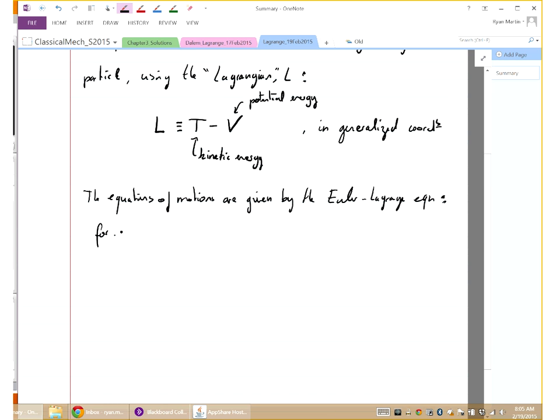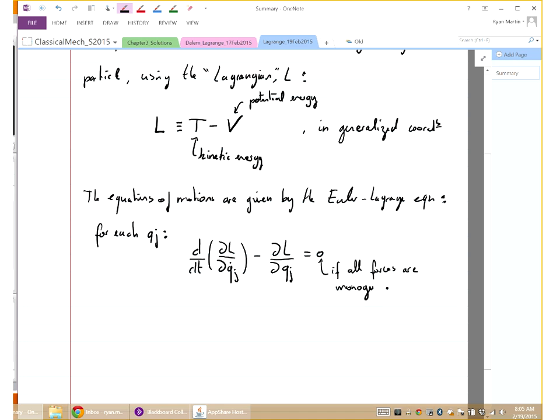The Euler-Lagrange equation is, for each degree of freedom, you have d by dt of ∂L/∂q_j dot, minus ∂L/∂q_j, equals 0. And it's equal to 0 if all forces are monogenic. And that generally means that the forces are conservative.